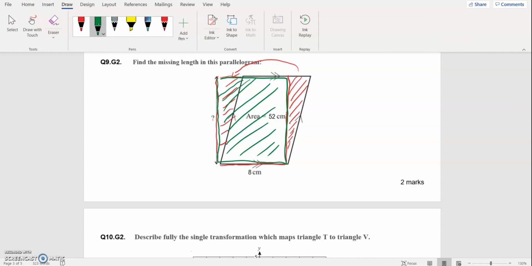So if the area is 52, which we find by multiplying 8 with this number that is missing, we need to find that missing number, which we can do by dividing 52 by 8, and that is 6.5 centimeters.